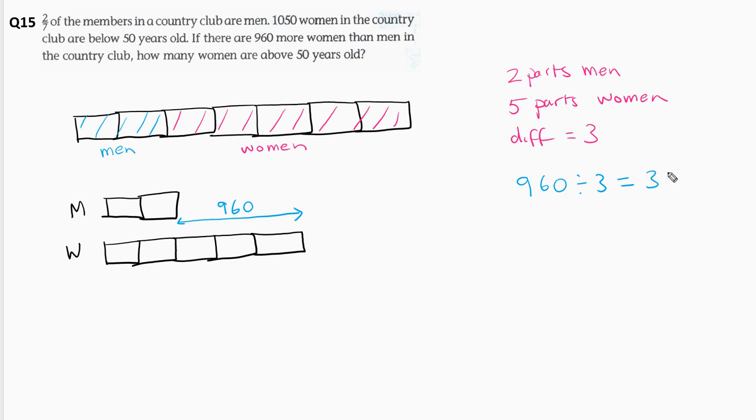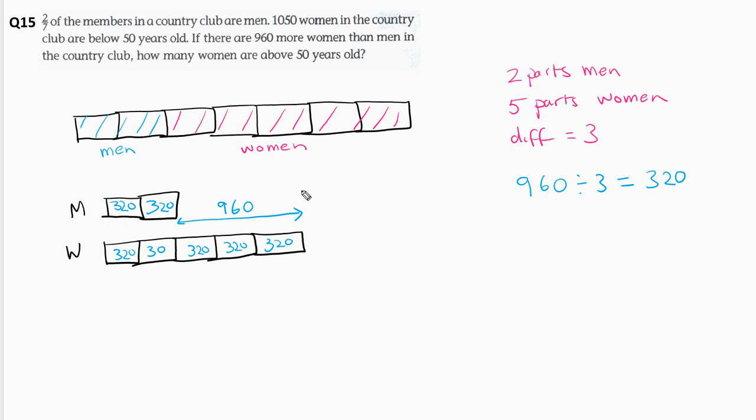Okay, so that is 320. And that means that each of these has a value of 320. I don't need to write them all in, but I am going to, so that all of these are equal. Okay. All right. So all of these are worth 320.